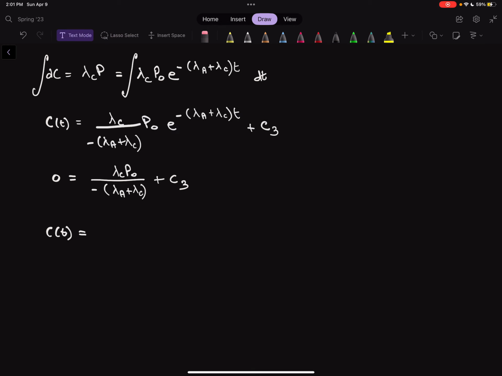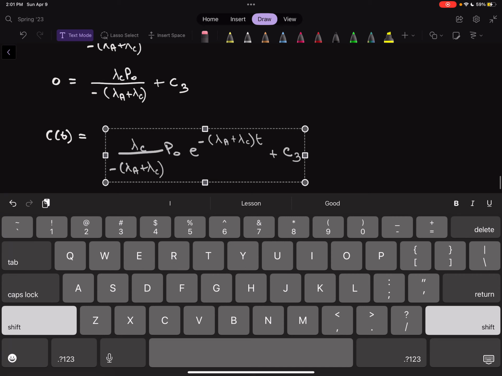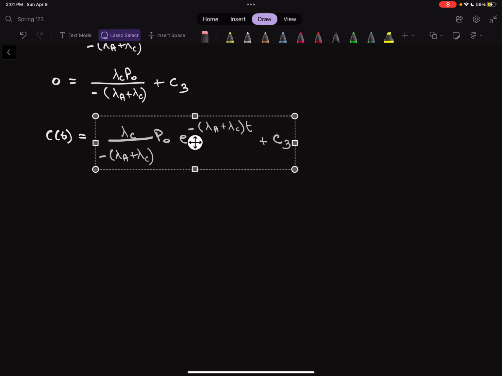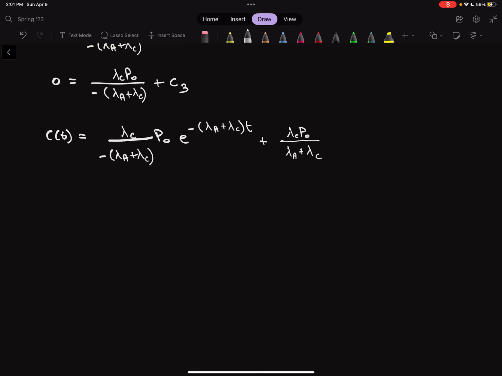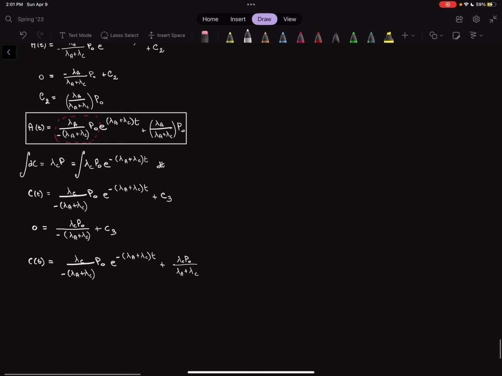So I'm just going to copy and paste, but instead of C3, I'm going to write lambda C P naught divided by lambda A plus lambda C. Okay, and now once we have that, we want to find what? So let me box this answer.